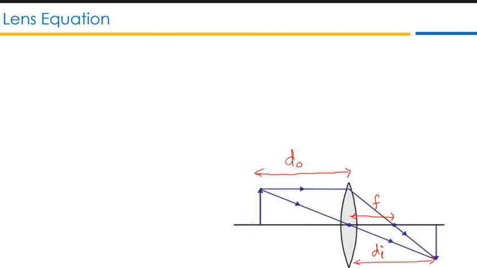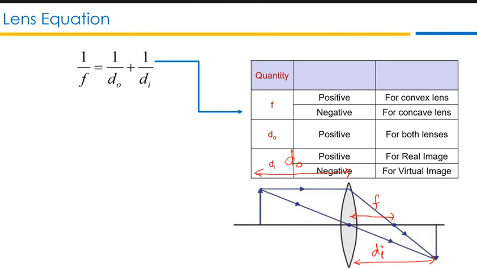Then these three quantities, focal length, distance of object, and distance of image, are related to each other with an equation that is called the lens equation.